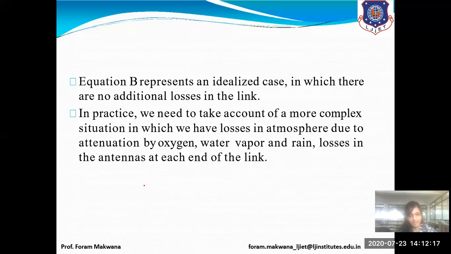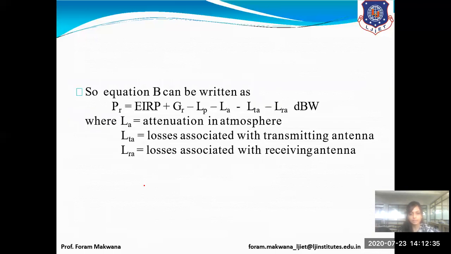because it is an idealized case and there are no additional losses. Okay, but in practice, we have to consider all the losses, like atmospheric loss, free space loss, right? Attenuation due to oxygen, water vapor, rain, everything. Okay, this is for the ideal case. So we can write the equation as EIRP plus gain of the receiving antenna, minus path loss, as well as attenuation in the atmosphere, and losses with the transmitting antenna and with the receiving antenna.